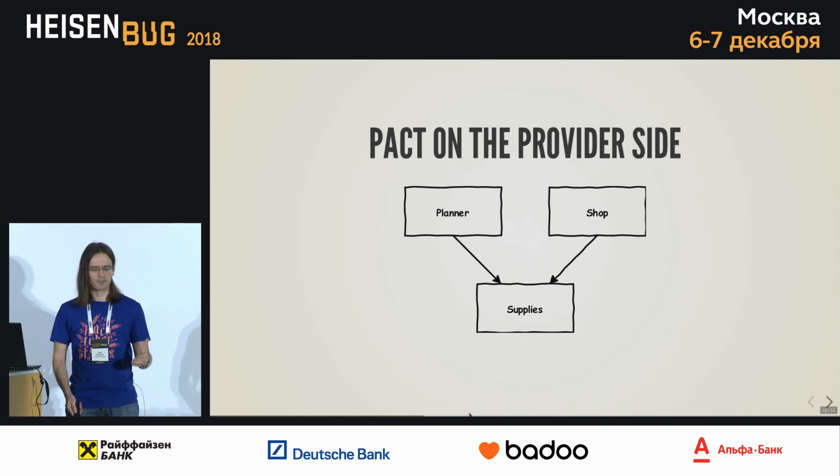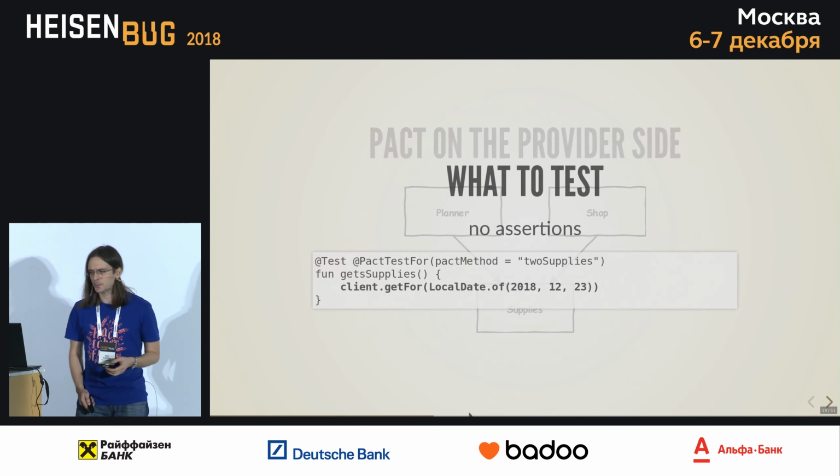If they pass, it means that no consumer is using this field, and you are safe to remove it. So this gives you high confidence in how applications around use the one you develop. You don't need to go around asking people, you have it automated.